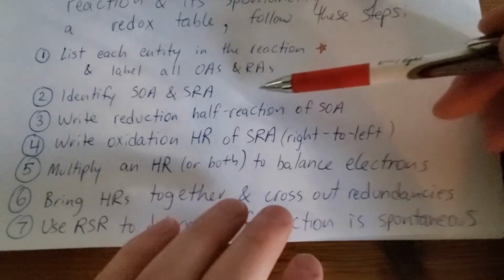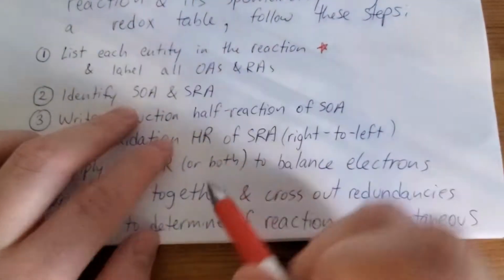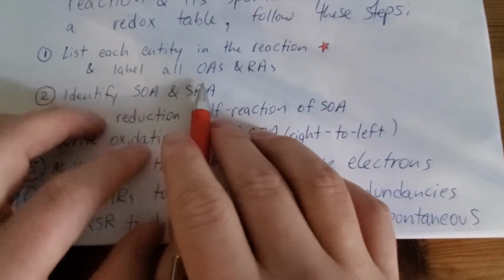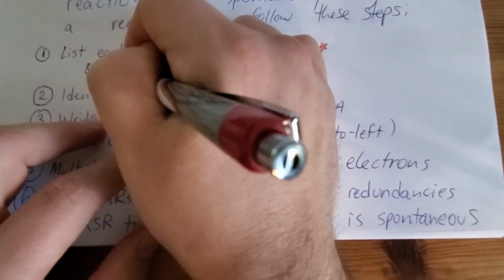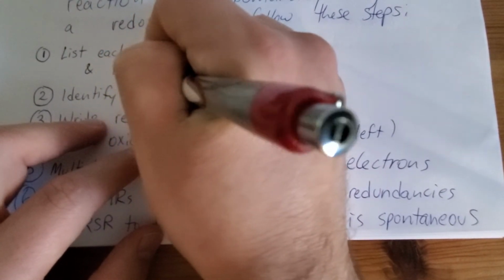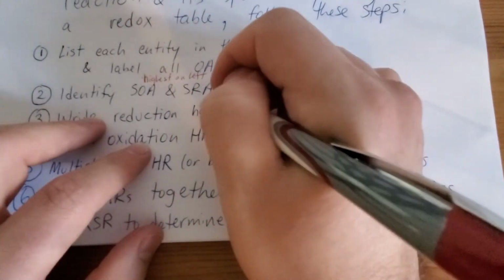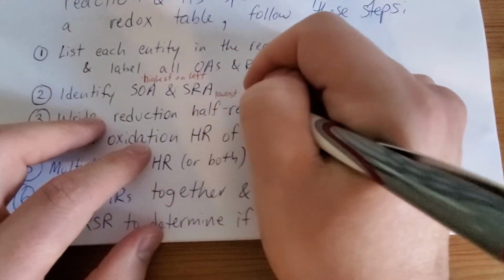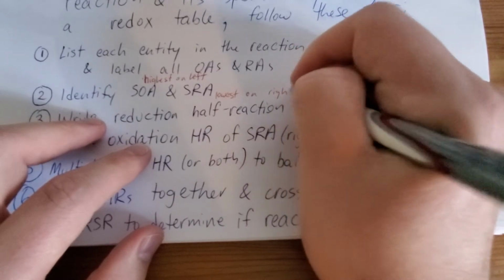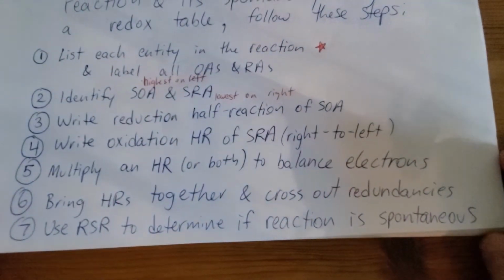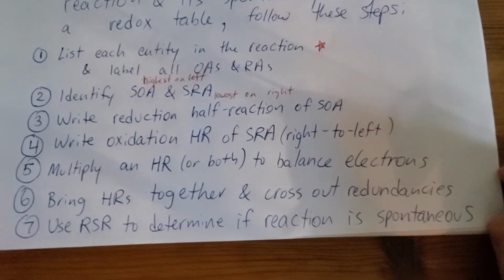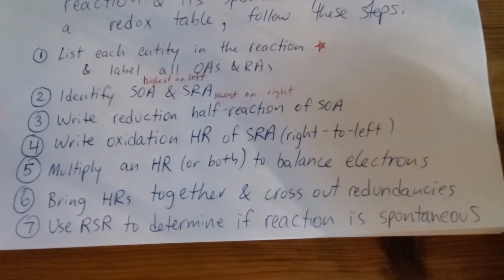Then you identify the SOA, the strongest oxidizing agent, and the SRA, the strongest reducing agent. The SOA will be the highest on the left. The SRA will be lowest on the right. As I mentioned, right after we go through these steps, we'll dive right into an example, and there'll be another example video available for you today.